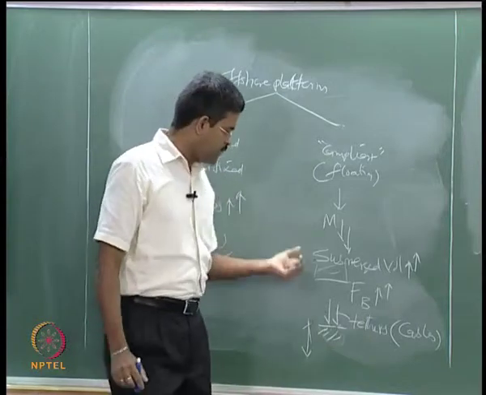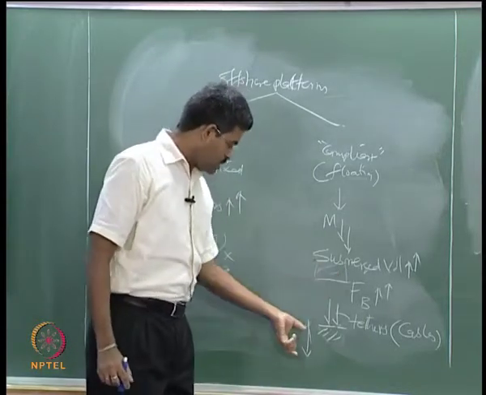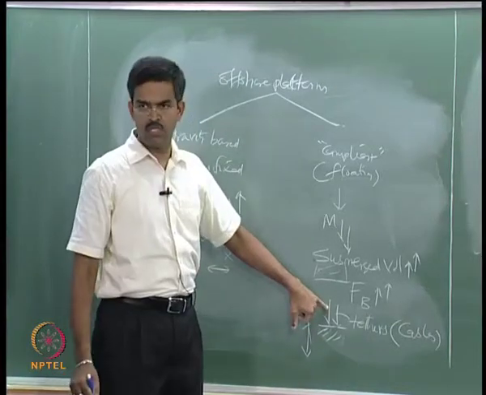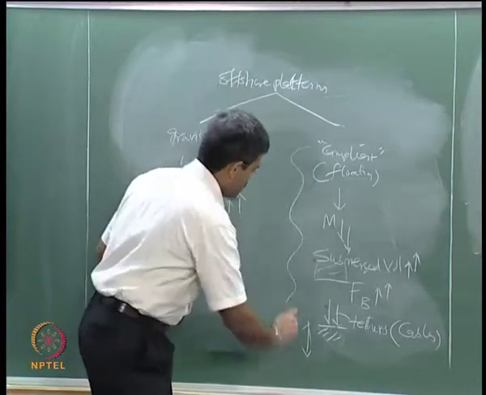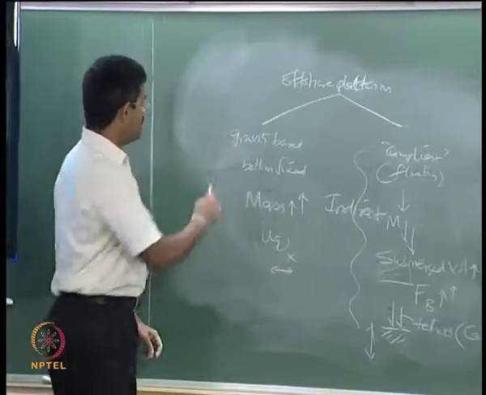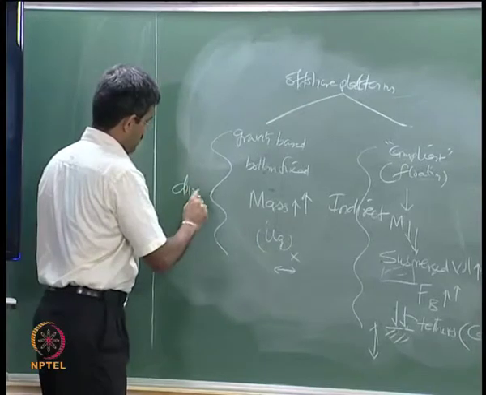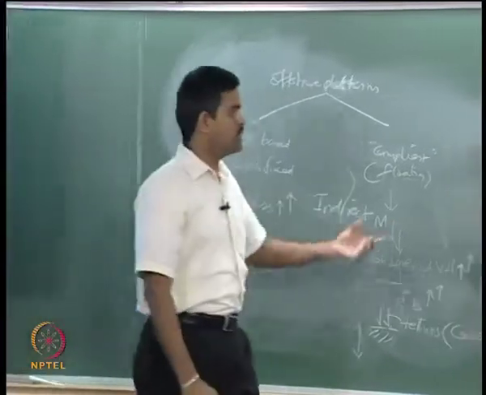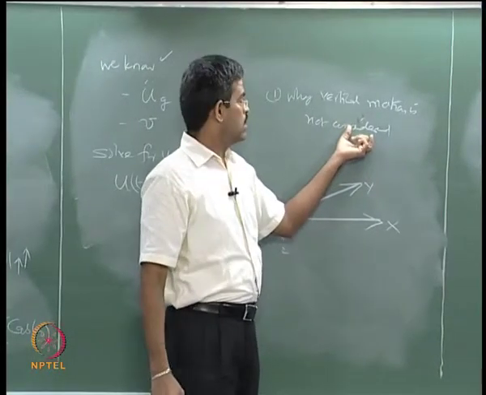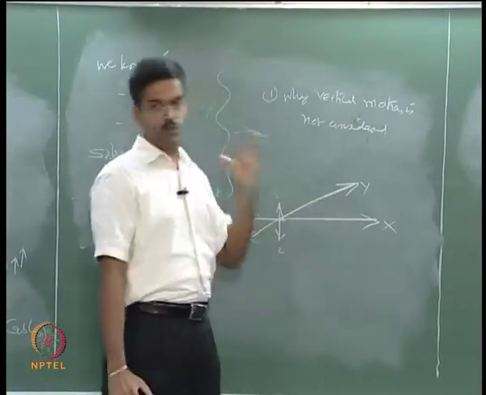So, there is an indirect effect caused on the system because of the vertical motion or horizontal motion through the cable or through the tether. So, it is an indirect process, whereas in this case it is a direct process. So, vertical motions are not generally considered in the analysis of, let us say, seismic action for offshore platforms.